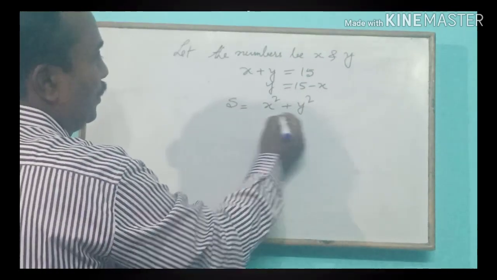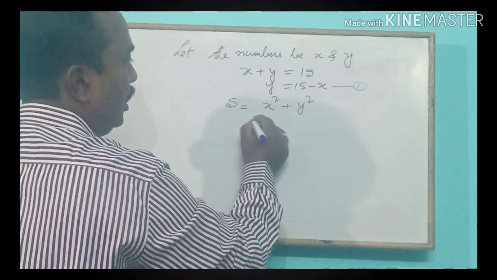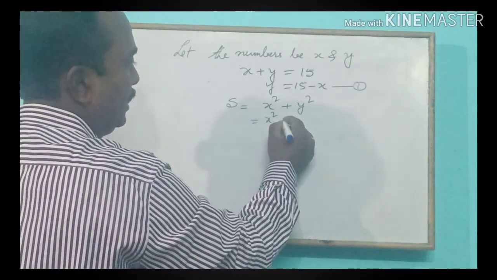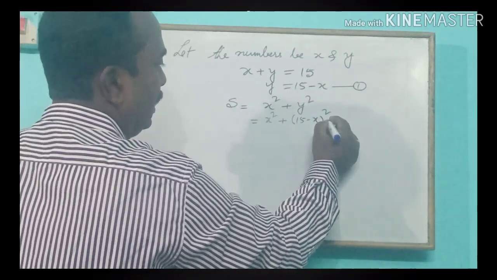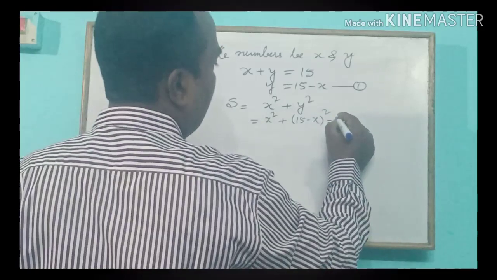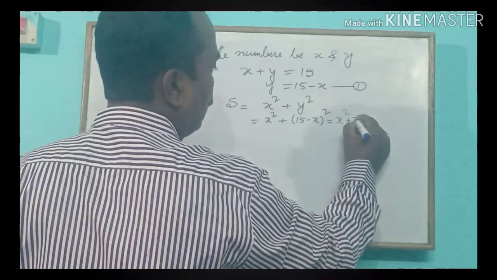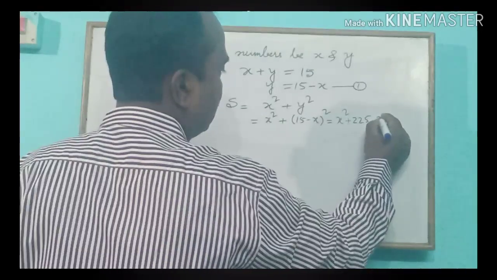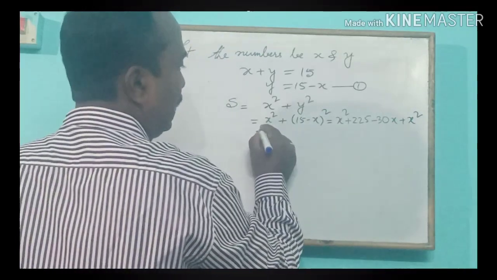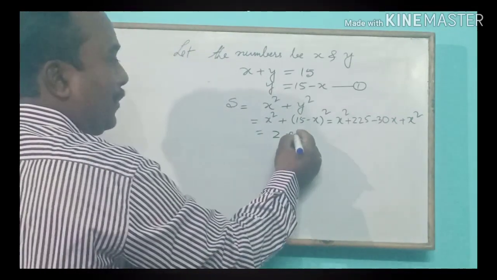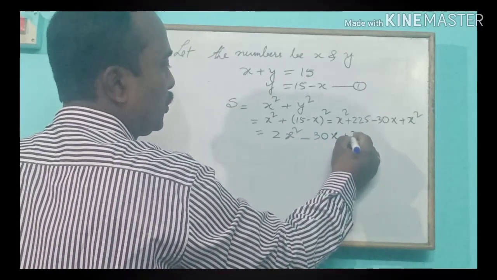So we can write from here, from number 1, x square plus (15 minus x) the whole square. That is x square plus 225 minus 30x plus x square, or that is 2x square minus 30x plus 225.